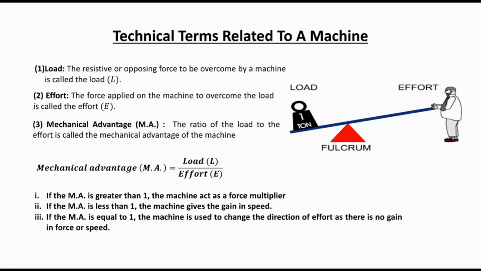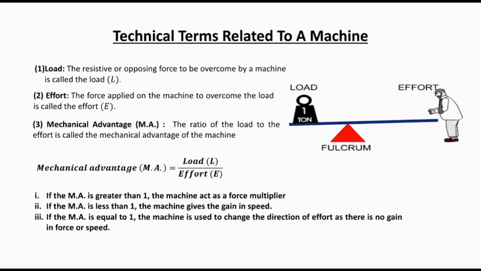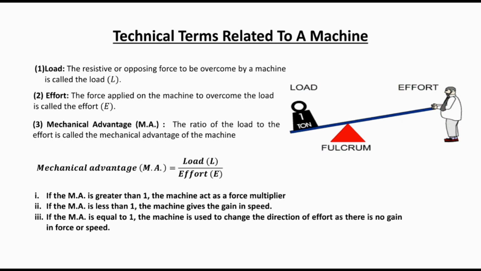Second, if the mechanical advantage is less than 1, the machine gives a gain in speed. And third, if the mechanical advantage is equal to 1, the machine is used to change the direction of effort, as there is no gain in force and no gain in speed.